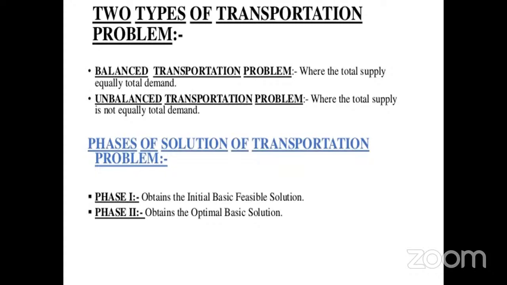The best solution is the ultimate solution, we can say, for the transportation problem also. So there will be two things: one is IBFS, initial basic feasible solution, and another is the optimal solution. In these two phases we need to go to solve any transportation problem. So before solving, first we need to check whether it is a balanced or unbalanced transportation problem.